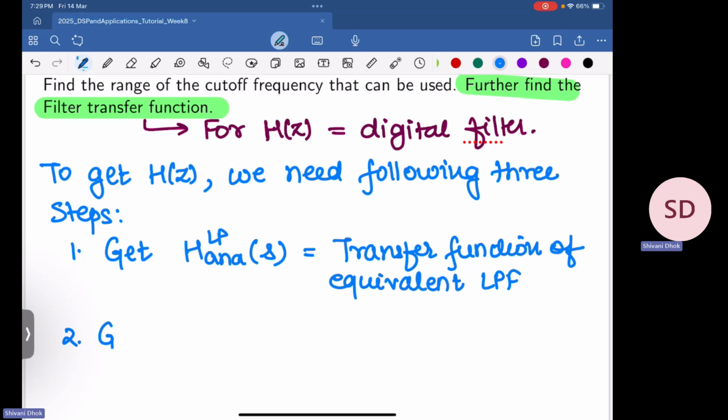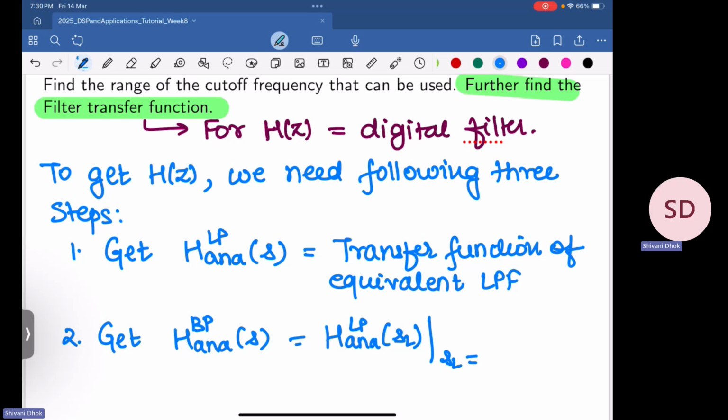Then get H analog band pass of S, which is equal to H analog low pass of SL, with SL evaluated at S square plus omega naught square divided by DS.